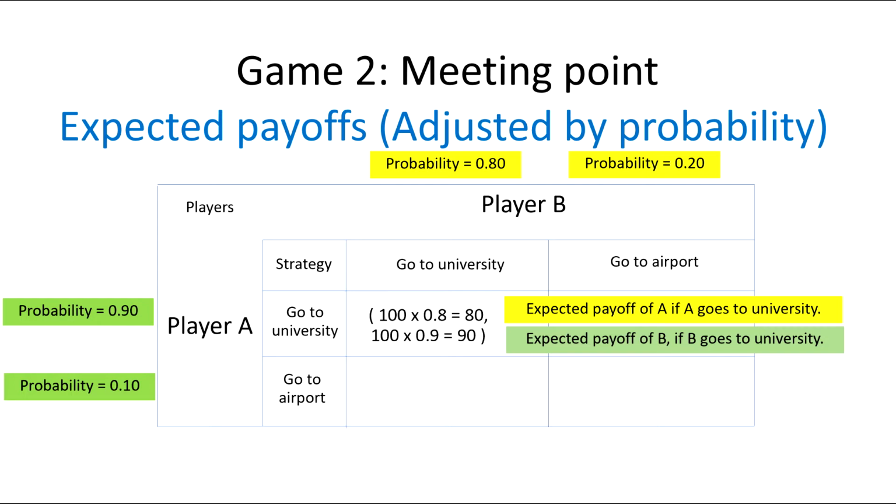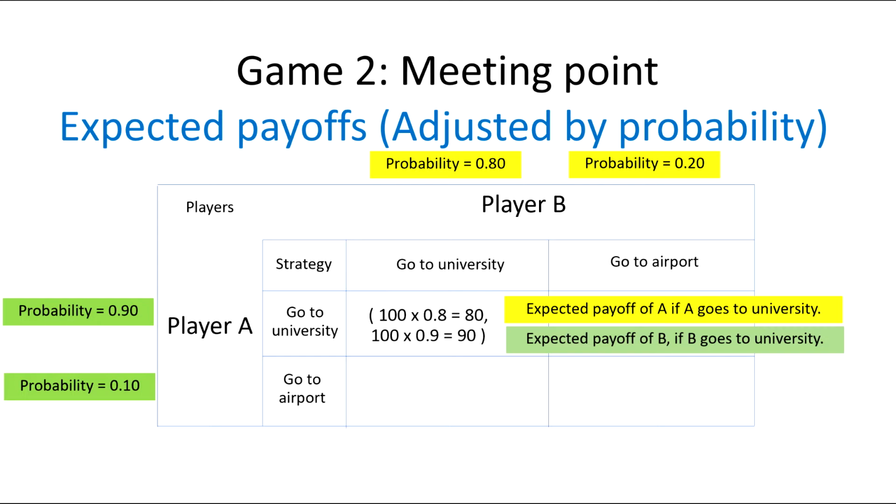We have the probability of 0.8 that B is going to university too. Therefore, if B goes to university, A will get 100 utils, 100 utils with the probability of 0.8. Therefore, the expected payoff is 80. So you multiply the total utility 100 with the probability 0.8. 100 times 0.8 equals 80.